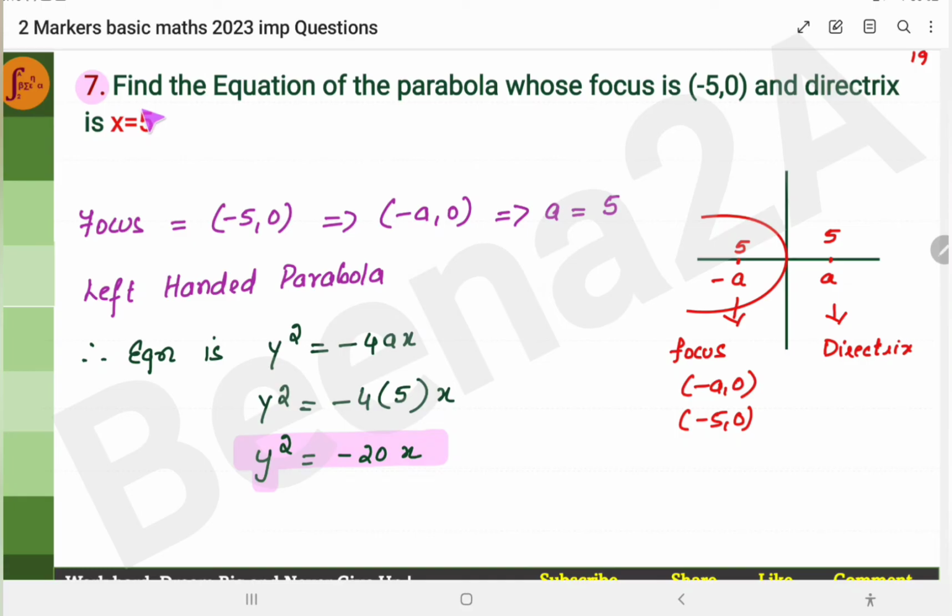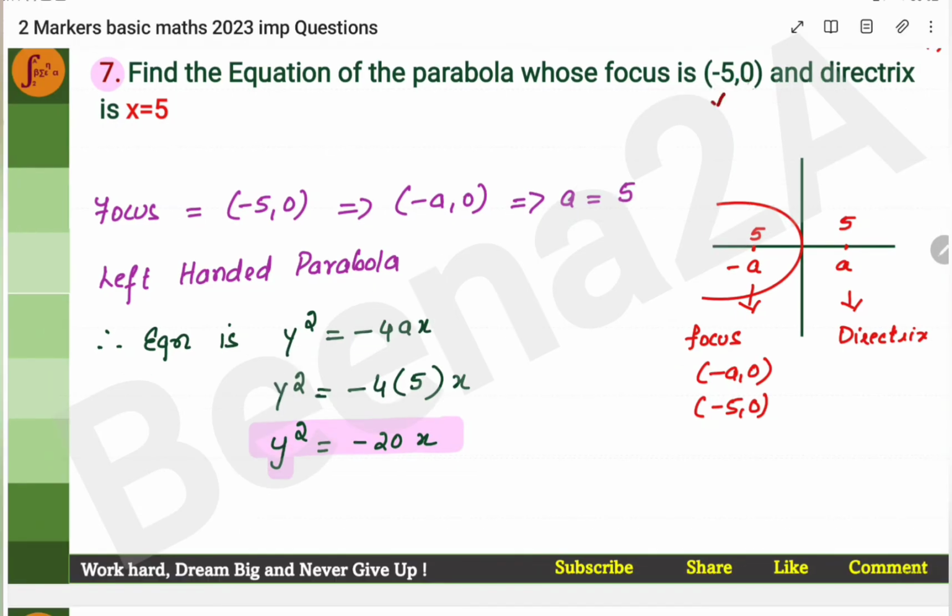Now let's go through the next problem. Find the equation of the parabola whose focus is minus 5, 0 and directrix is x is equal to 5. Now focus is minus 5, 0. X coordinate is minus 5, on the negative side of the x-axis.